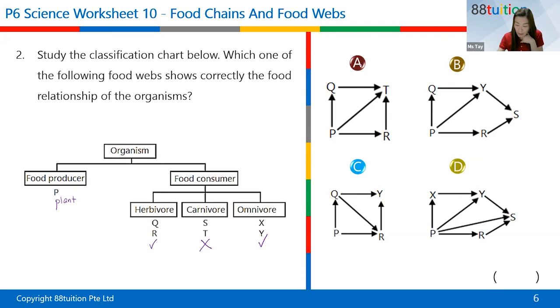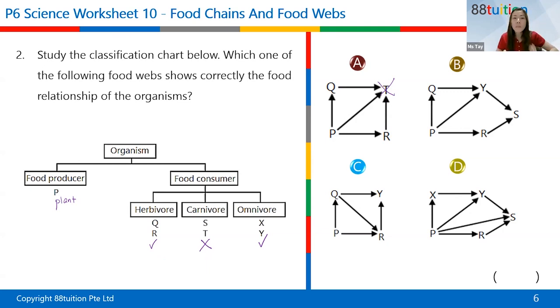Look at A. A tells us that P is being consumed by Q, by R, as well as by T. So this is not correct. You saw how I indicated the ticks here and the crosses here. That will help me to look at the options and identify the right answer. This is how you do it.